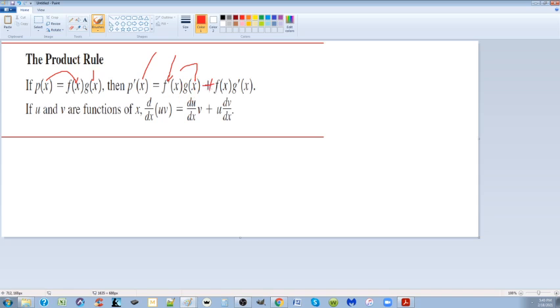Then you must add that to the actual first function times the derivative of the second function. Sounds complicated, especially when written this way, which just says find the derivative of u multiplied by the function v, add it to the function u that's multiplied by the derivative of v.